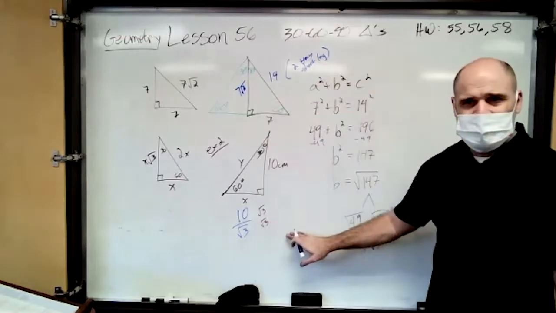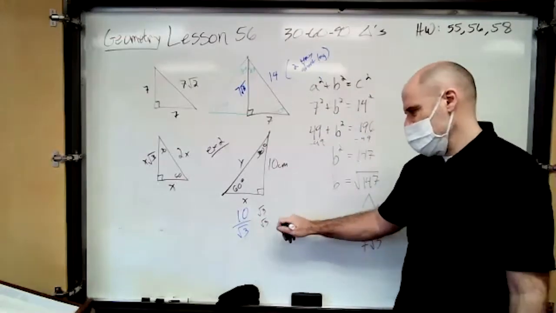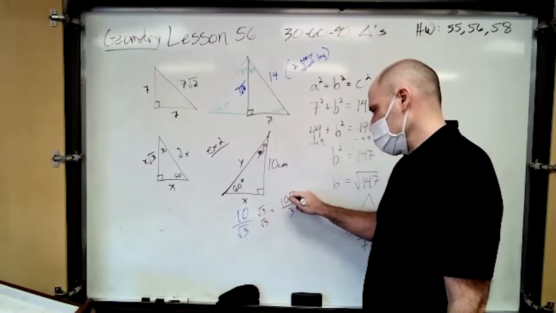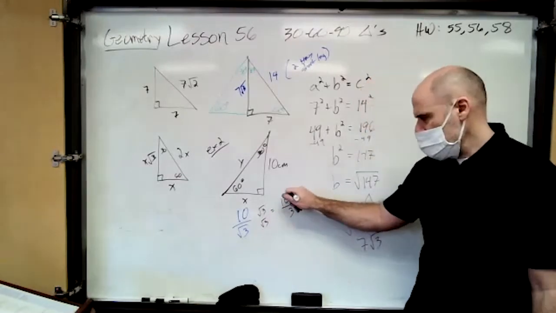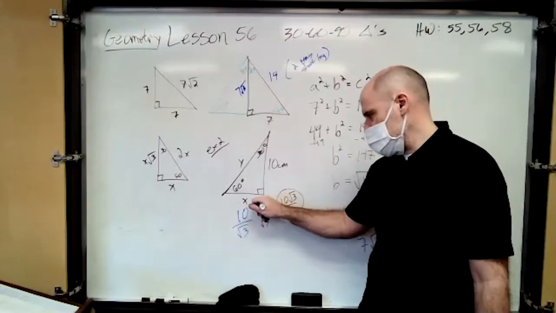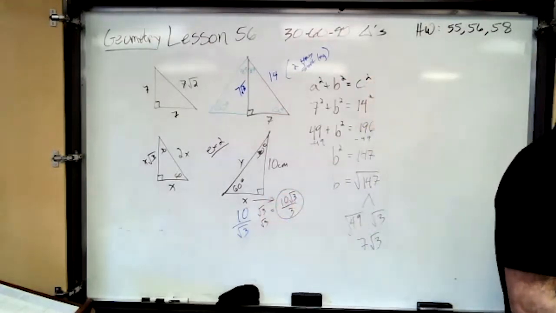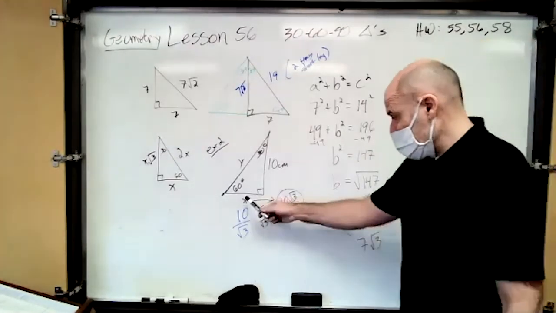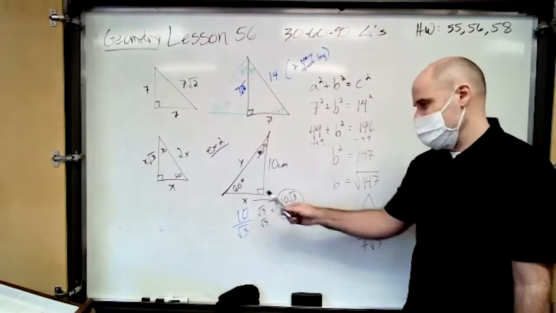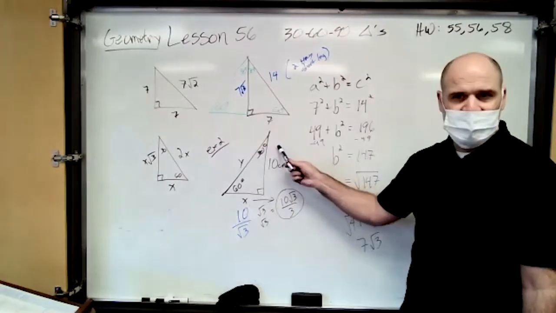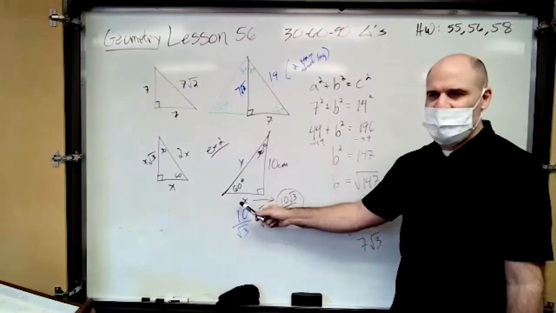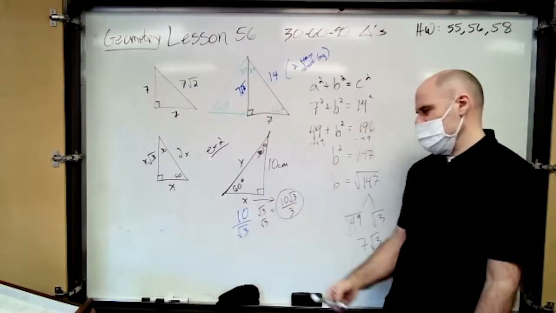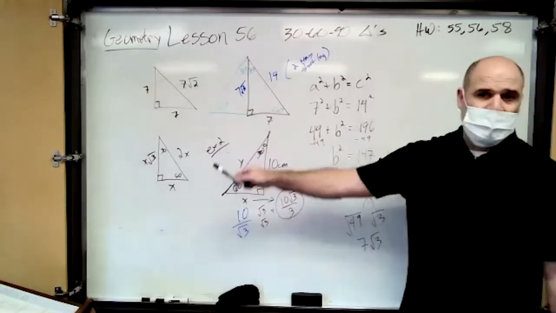You can do that because you can do the same thing to the bottom as you do the top. This cancels out to just 3, and then you're left with this mess. So there is the short leg, x equals 10 radical 3 over 3. The shortcut to that is, yeah, you're still tagging on a radical 3, but then you divide by 3. So if this was elephant, this would be elephant radical 3 over 3, which is weird to think about that way, but you can. So now, how do you get y?